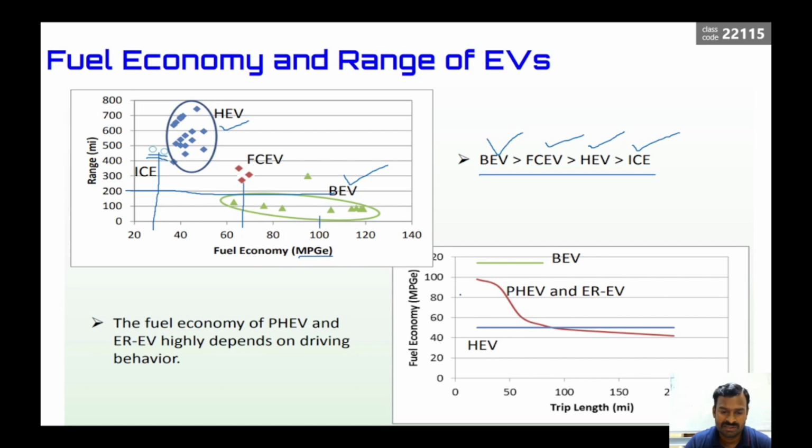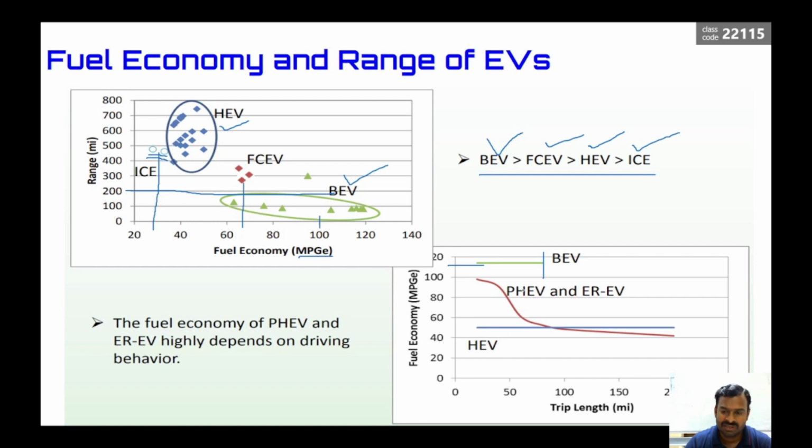And if you see this fuel economy versus trip length for BEV, you can see the length of the trip, that means how much distance it can go, is almost less than 100 miles, and the fuel economy is better. Here the MPG is almost 110 or 120.